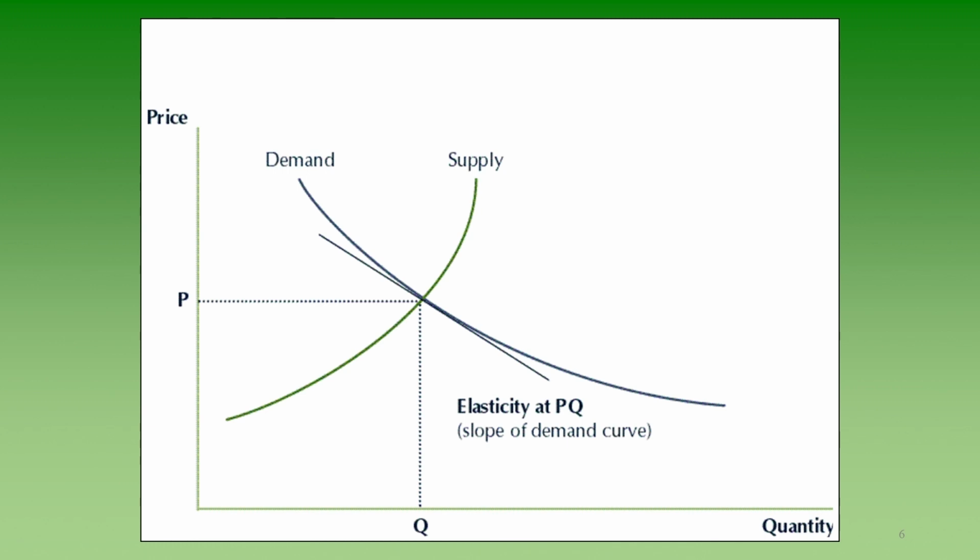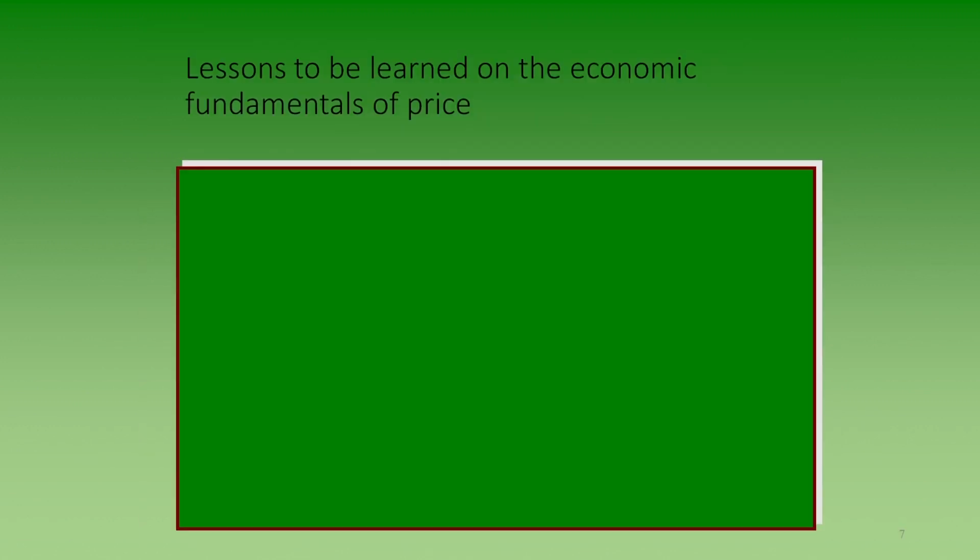That is why the two slopes are in opposite directions, and where they meet, the PQ point, is where we can draw a tangent, and that gives us the elasticity at that particular point. If these slopes change, then that point will also change.